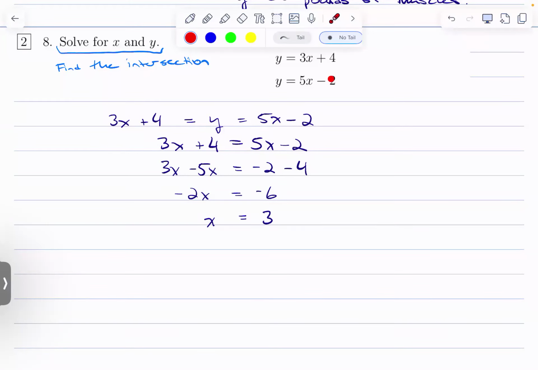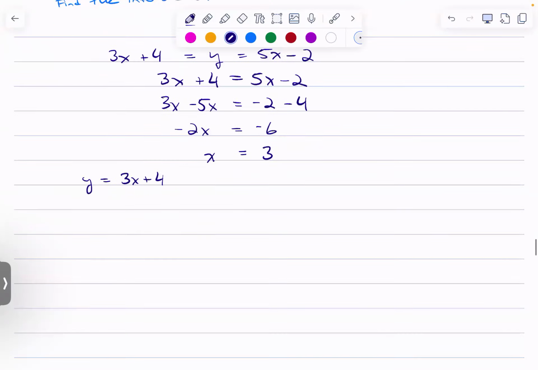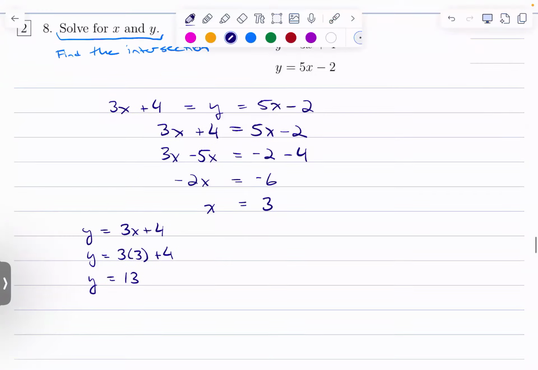Both of these equations have to give the same value for y at x equals 3, because that's the point of the intersection. And so if you have y is 3x plus 4, then y is 3 times 3 plus 4, which is 13.